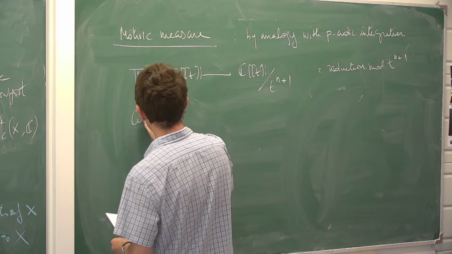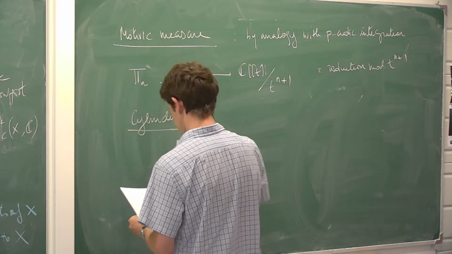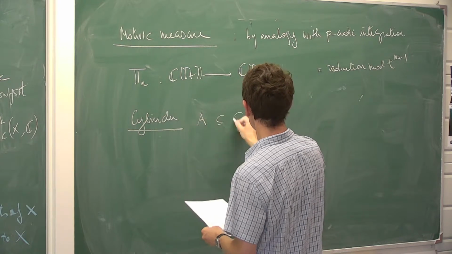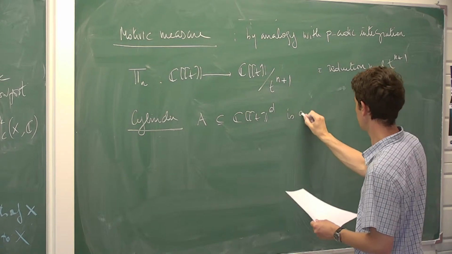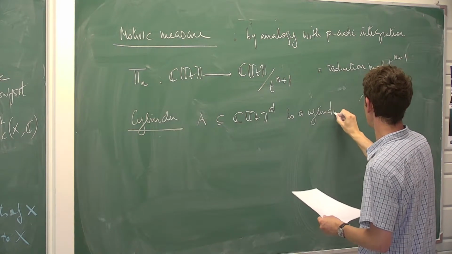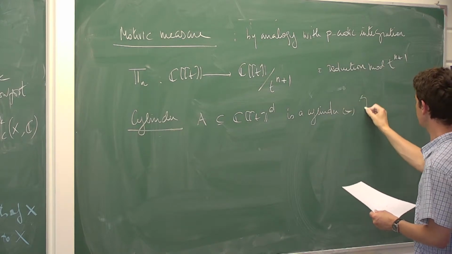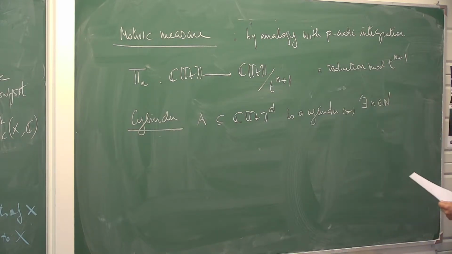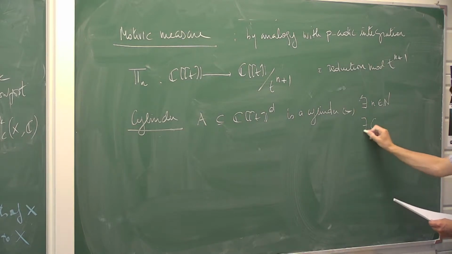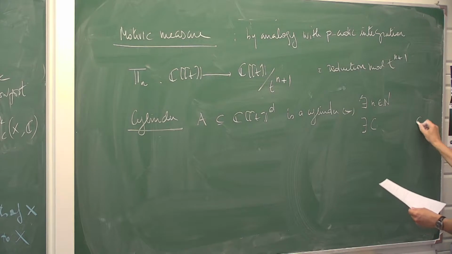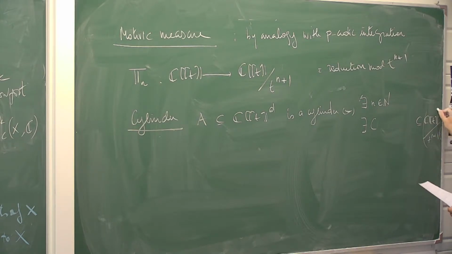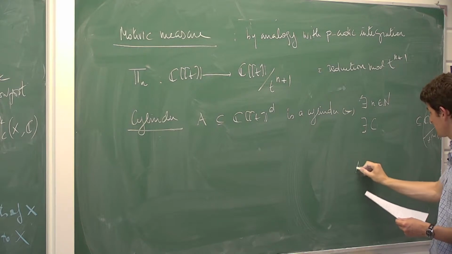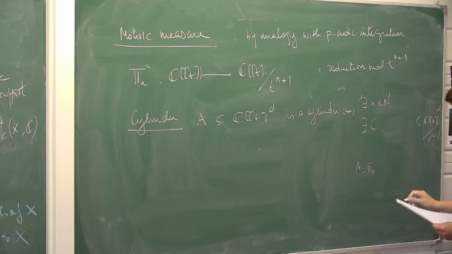And you can define a cylinder. So a part A of C[[T]]^d is a cylinder if and only if you can find an integer n, you can find some C in the image C[T]/T^(n+1) to the d, such that A is the inverse image by the truncation modulo T^(n+1) of C.